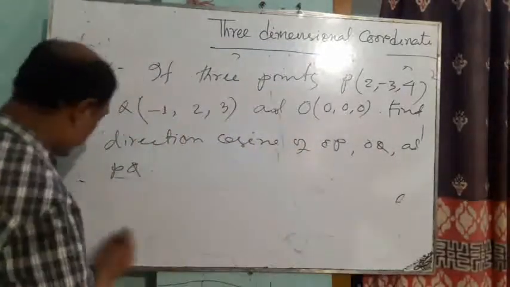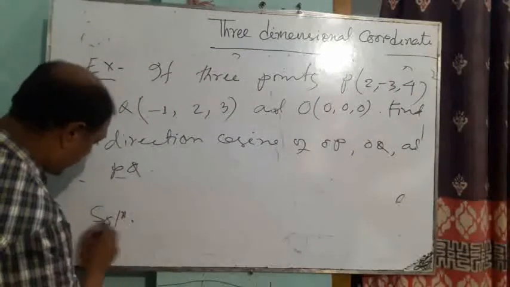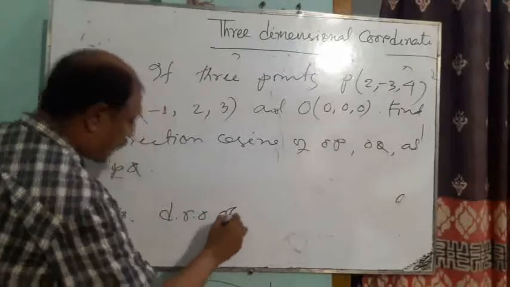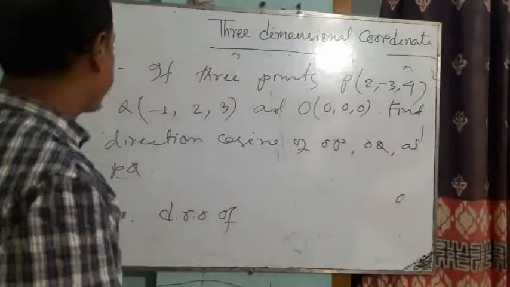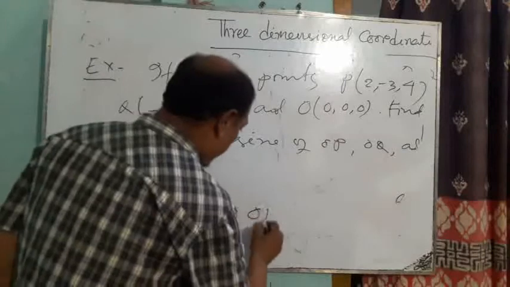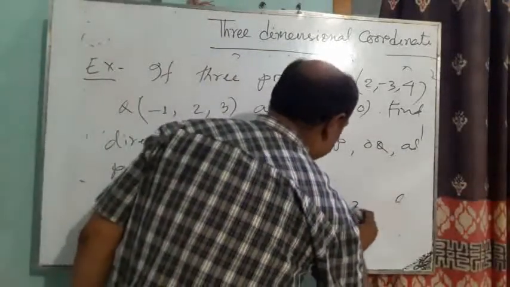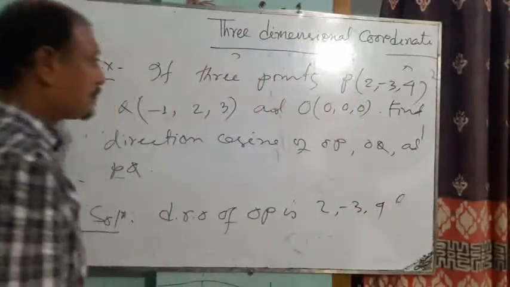Solution: the direction ratios of OP are 2, minus 3, 4.